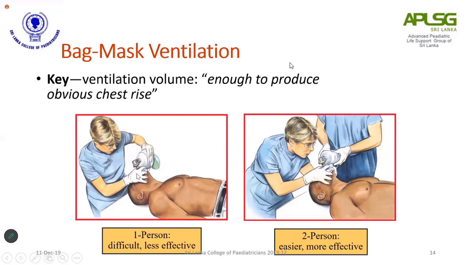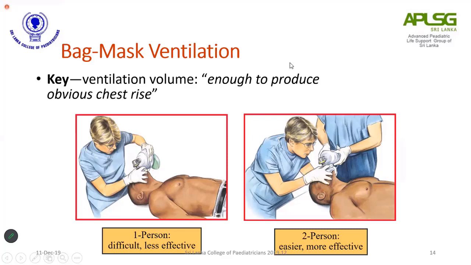From one hand, you can position the mask and hold it in the C and E position as shown on this picture, and then give the ventilatory breaths through the other hand. But you always have to look at the chest of the patient to see whether there is an obvious chest rise. When there is a single rescuer, this can be done for a short duration of time, but you cannot do it for a longer duration, and it can become less effective and difficult if you are the only rescuer.